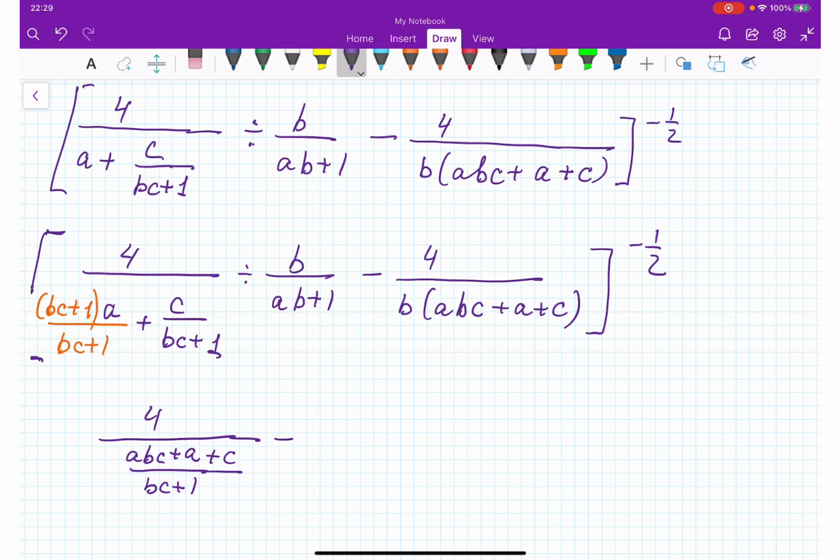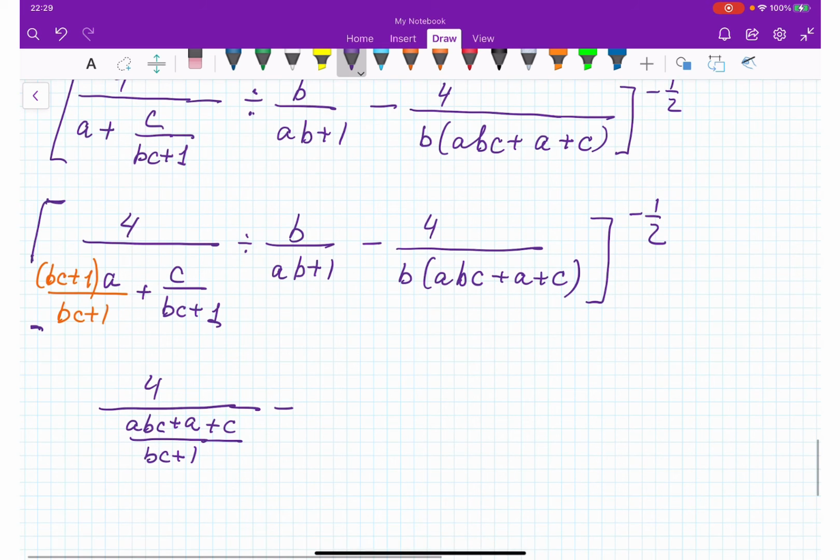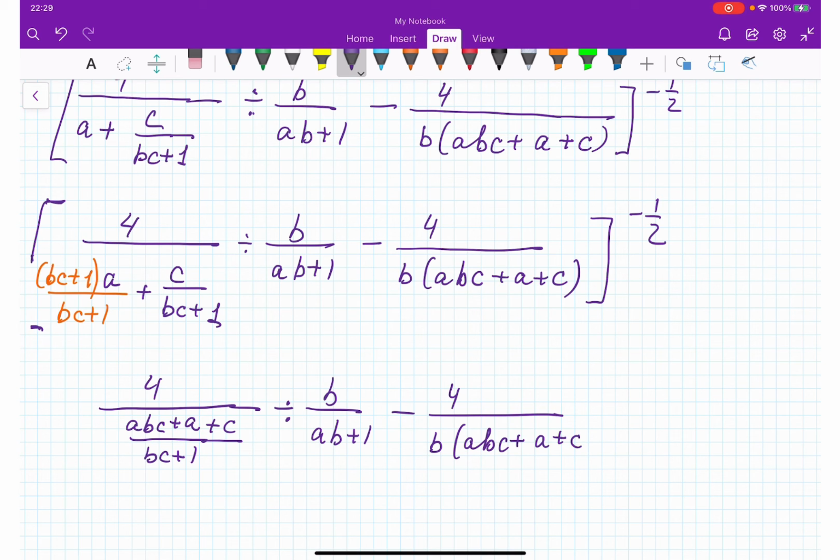Divided by, now we can divide. Let me clear completely and then we take care of it. B over AB plus 1 minus 4 over B times ABC plus A plus C, to power negative 1 half.